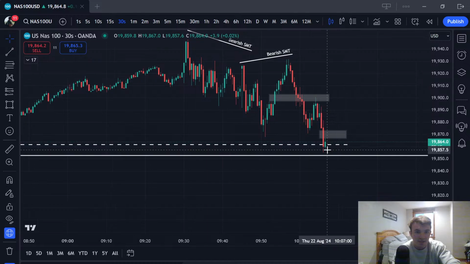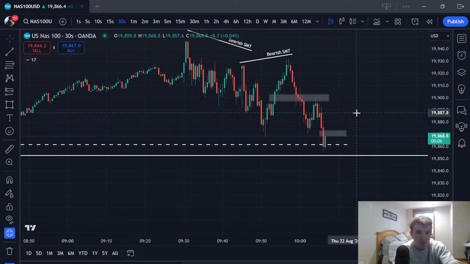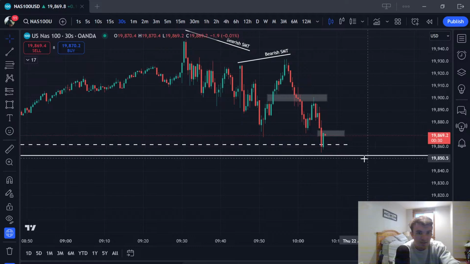Now this is good enough for me to where if we inverse this, I will enter, but I do not want to see it come up too much. And it's come up a lot, so I don't know.